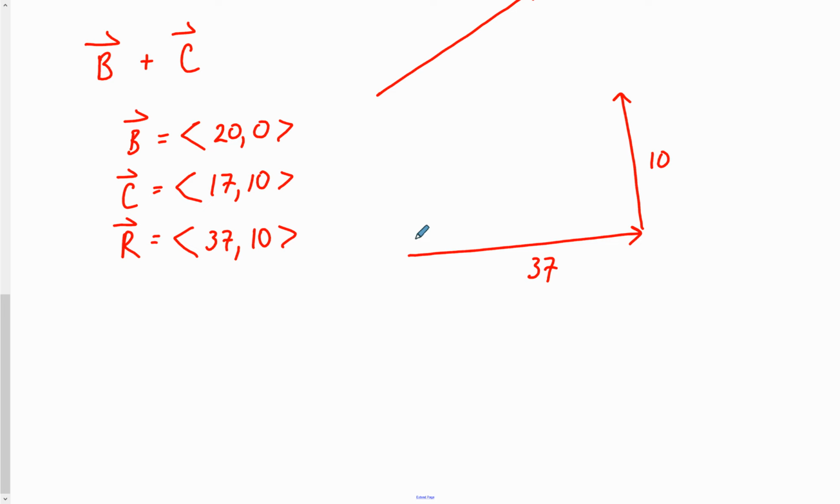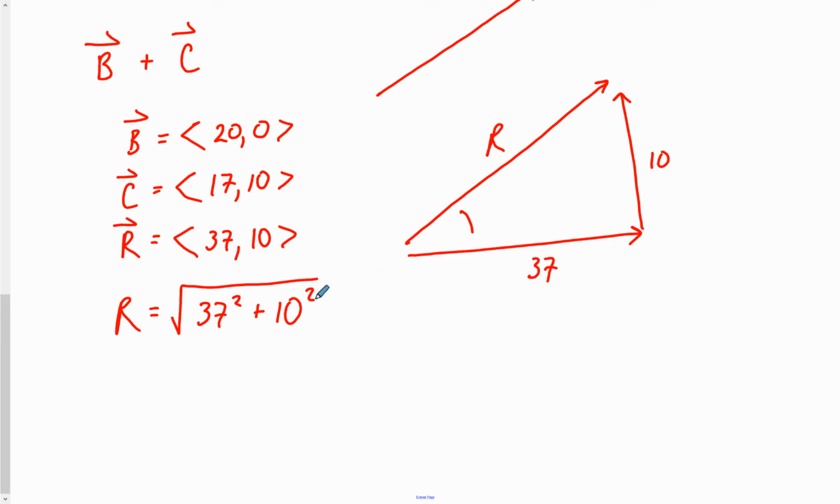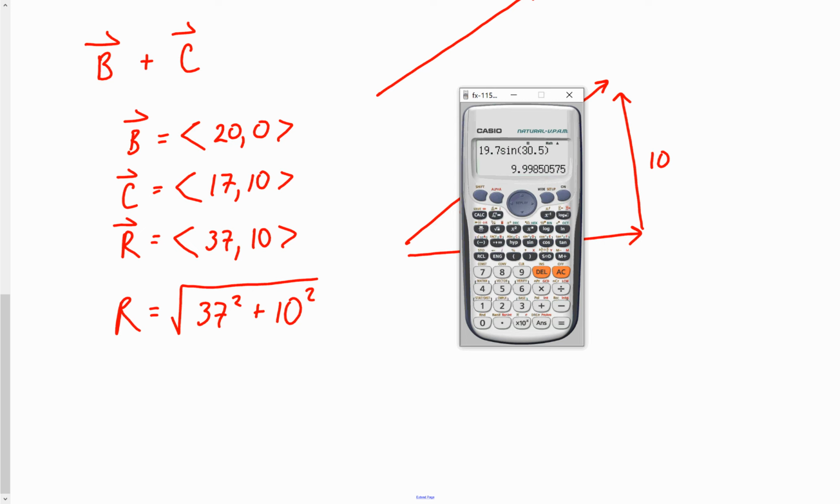So now the question is, what is the magnitude of that triangle? Guys, all we have to do is Pythagorean. R is equal to the square root of 37 squared plus 10 squared. Let's type that in the Casio real quick. 37 squared plus 10 squared, and then take the square root of our answer, 38.3.